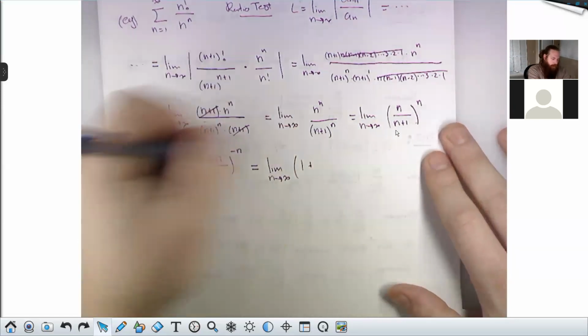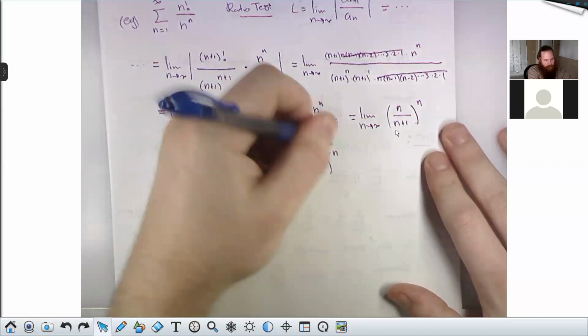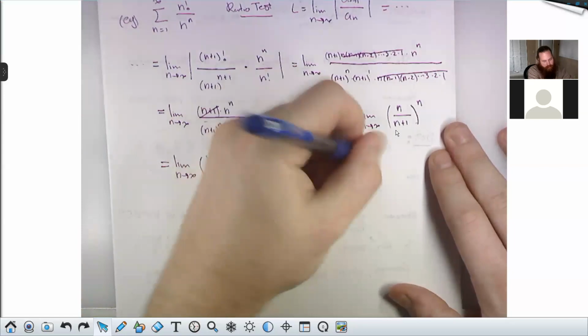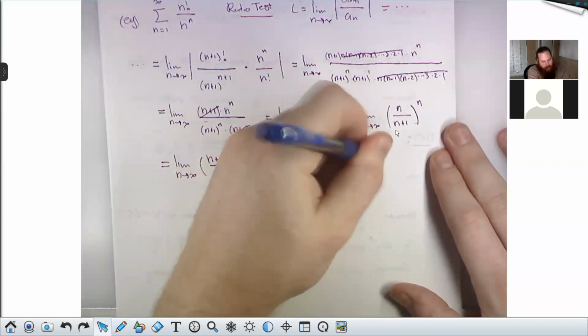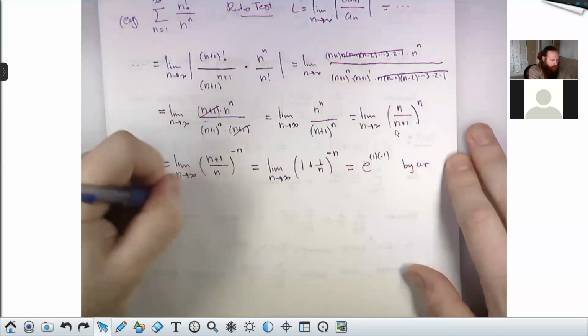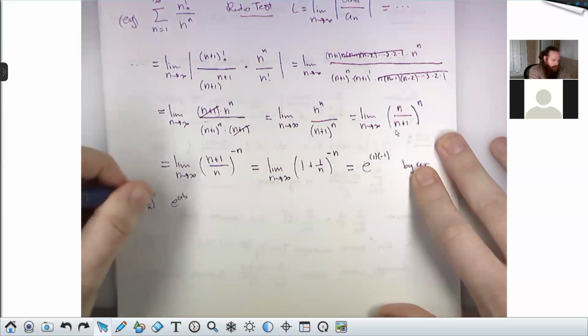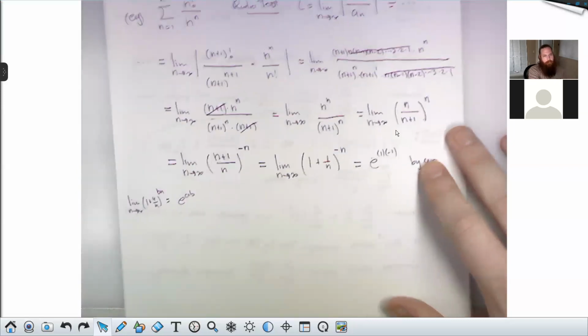So n plus 1 over n is 1 plus 1 over n, all raised to the negative nth power. And this is e to the 1 times negative 1 by our e to the ab limit. The limit as n goes to infinity of 1 plus a over n raised to the bn equals e to the ab.